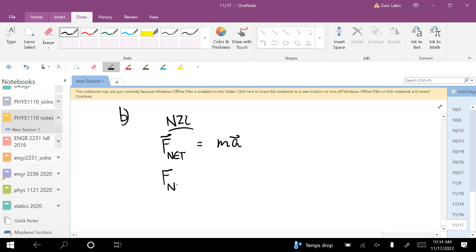So F net is equal to the mass, which is 1,000 kilograms, times the acceleration, which is negative 18, 0.